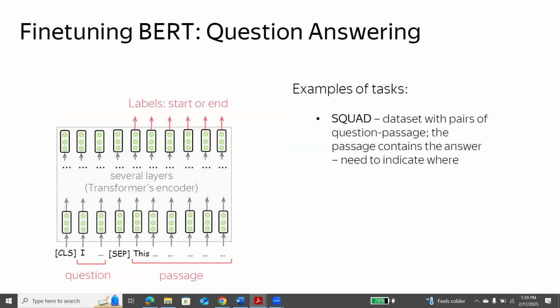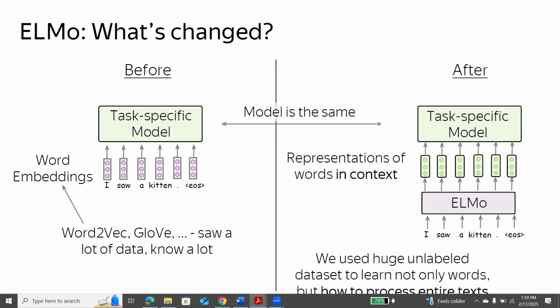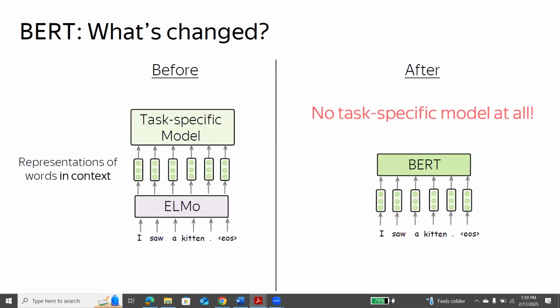Okay. So yeah, we'll go back to our original idea that instead of using the embeddings, even context-aware, as input to a new model, now one model is used for any task.